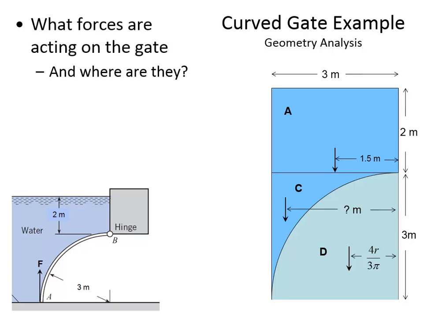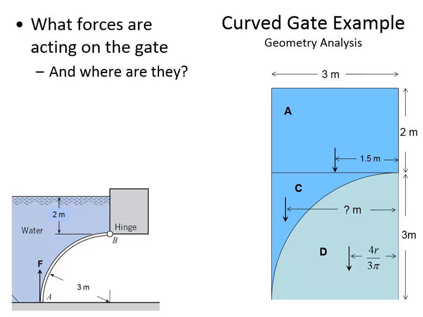Now I can find the volume, the force at C, so the vertical force due to the water above the gate within element C is simply going to be the volume of element C multiplied by the unit weight of water. So the volume is going to be 1.9314 meters squared times the distance into the page.